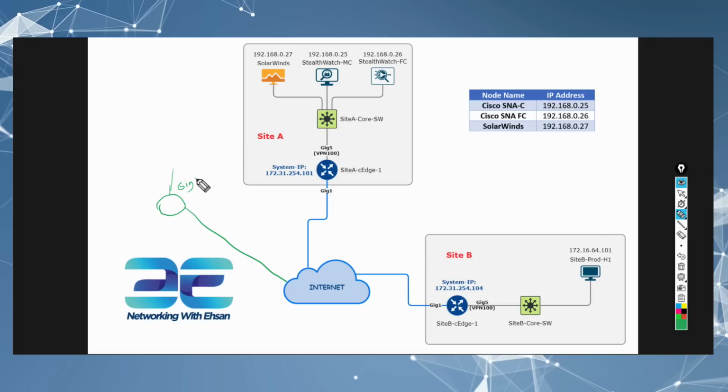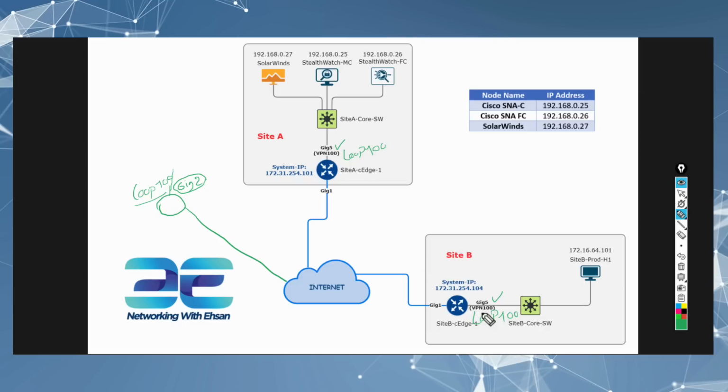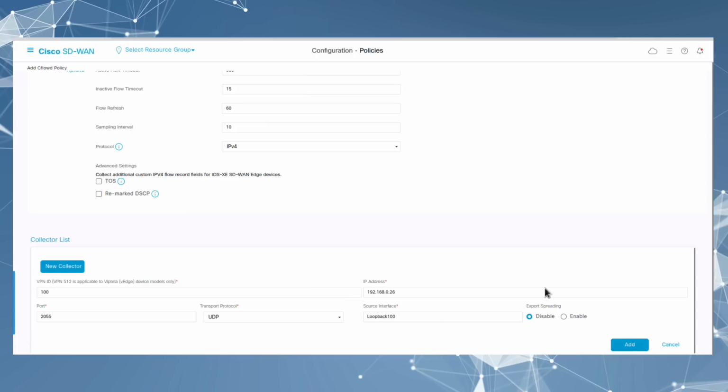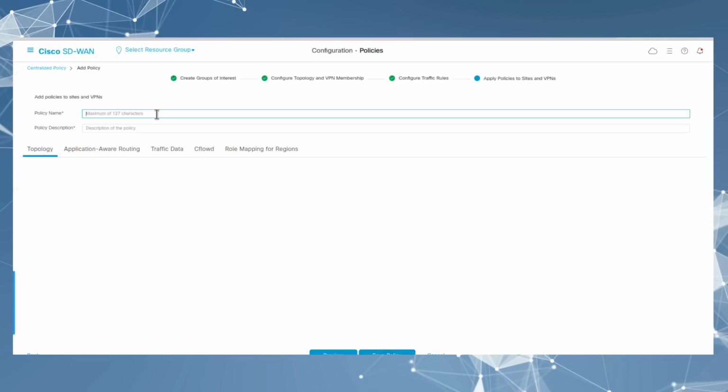So in that case, your configuration won't work properly because the source interface can be different in, for example, site C. That's why we are just choosing a universal loopback interface for all devices in the fabric. Because we are using a central policy, we cannot use different source for different devices. There is only one source for everyone. That's why we are using Loopback 100.